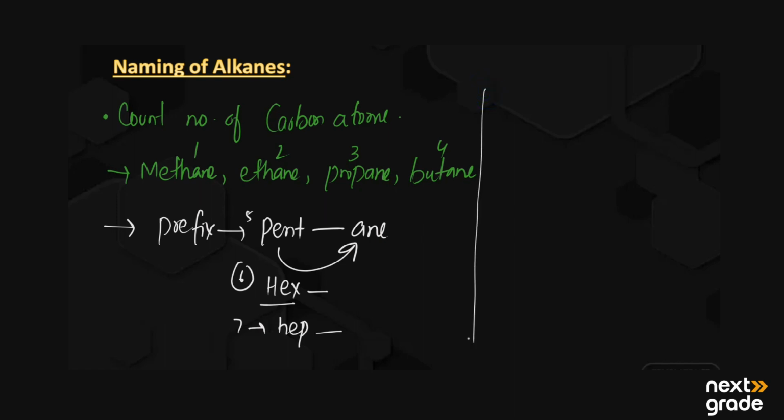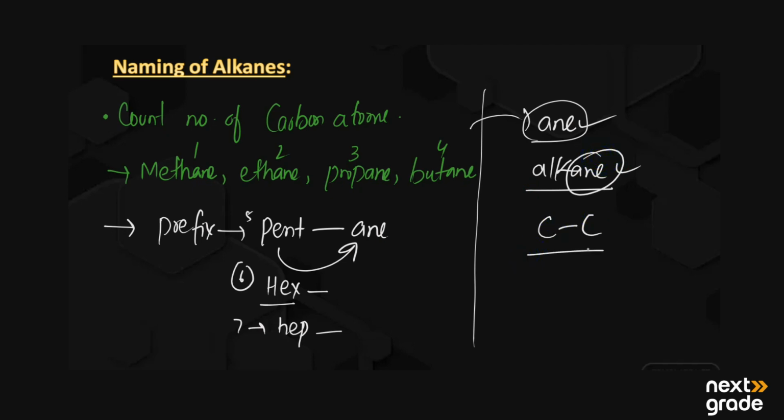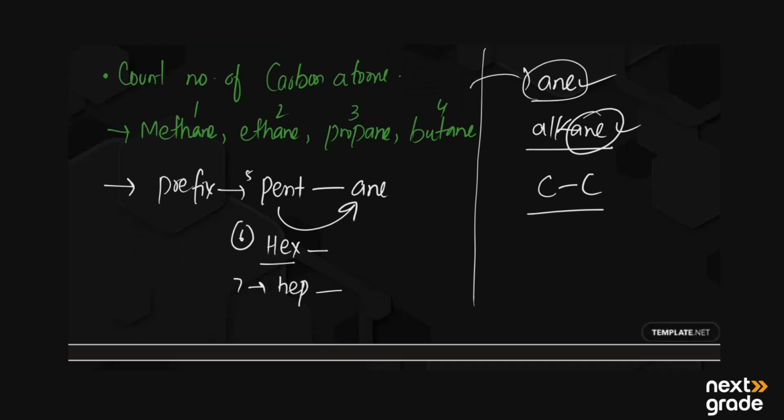We end the name with ane, which shows that it is an alkane having single bonds between carbon atoms. Then oct for octane, then nonane, and at the end we have decane. So this is the simple naming of the alkanes.